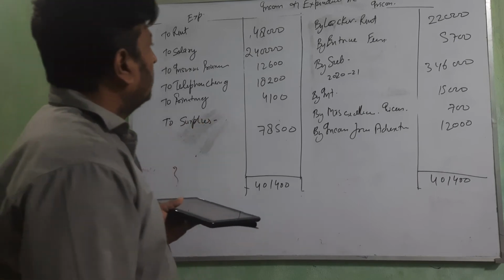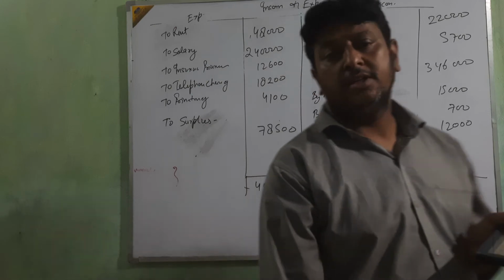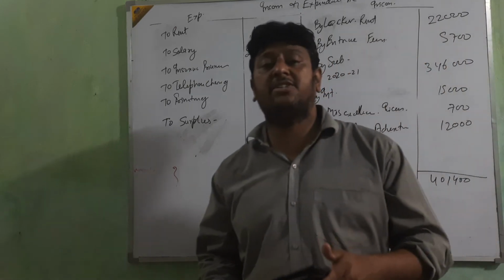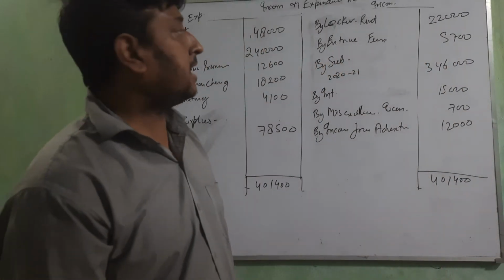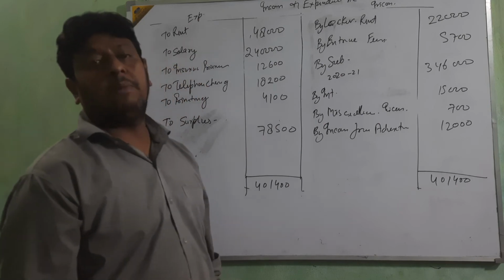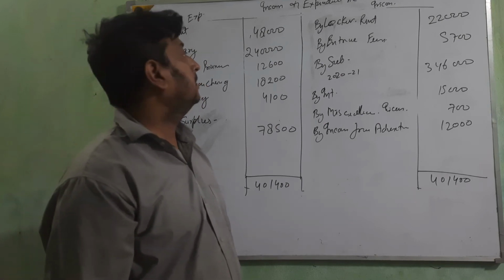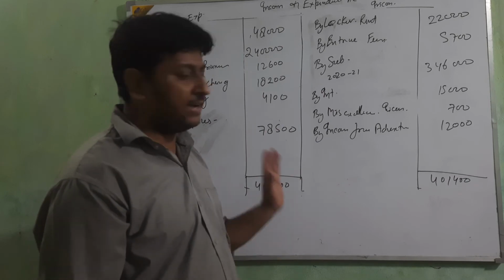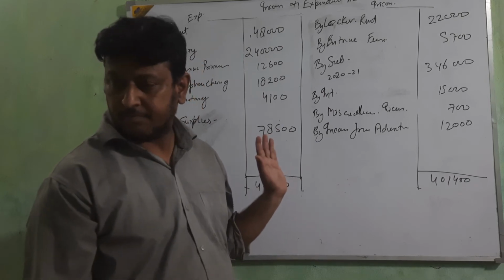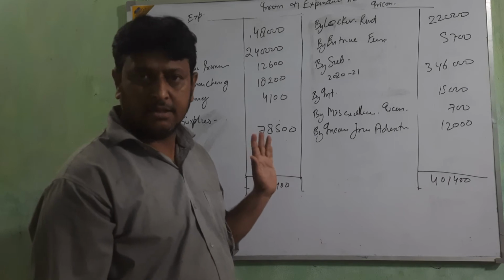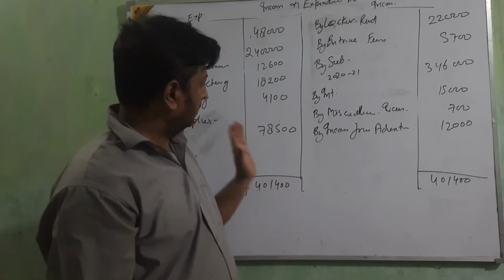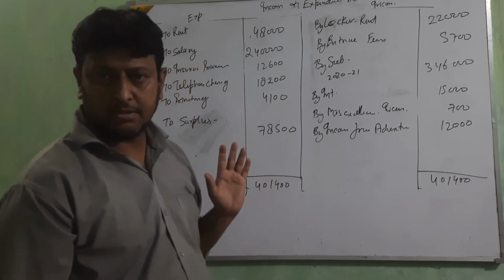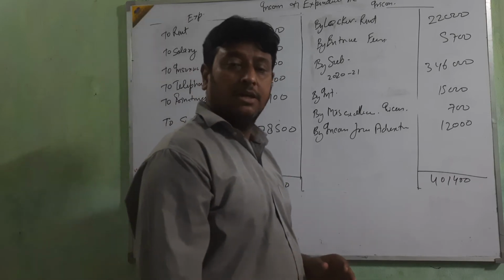Okay, in this way we are going to solve the income and expenditure account by utilizing the receipts and payment account. I think it's well clear? Clear or not beta? Again I will repeat.